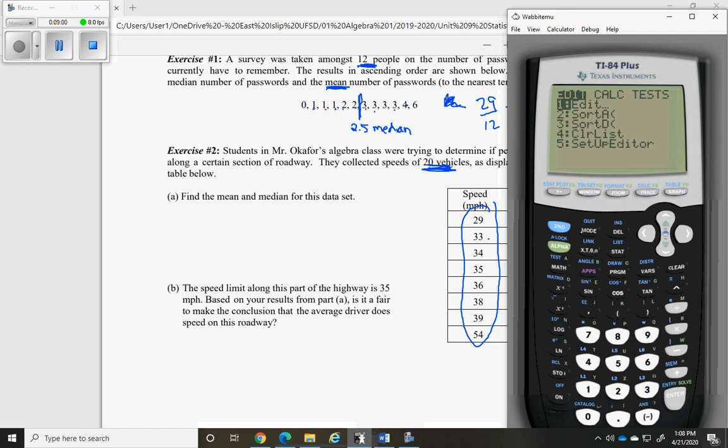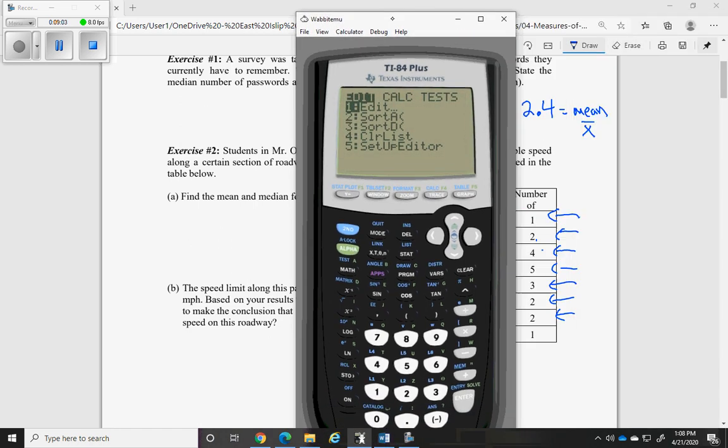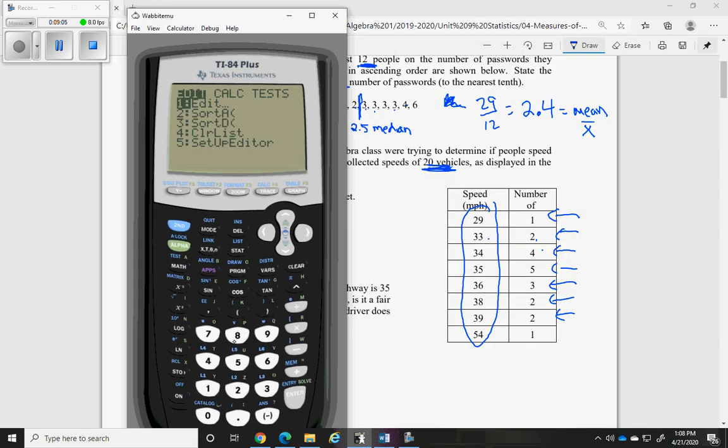This might be the easier way for you, especially since my calculator's not updated. I can't show you really the other way. Well, I guess I can, but let's go for this. So we're going to go to edit.